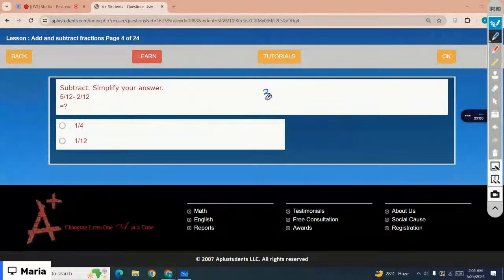That would be 3 over 12. So you have to divide them by the common factor. Their common factor is also 3. So that is 1 over 4, right? 3 times 4 is 12. So the correct option is 1 over 4. Option number 2 is the correct option.